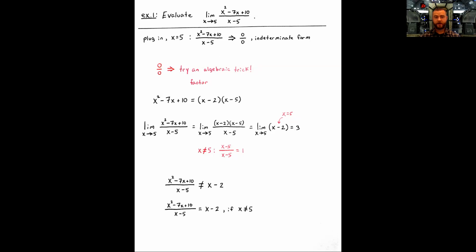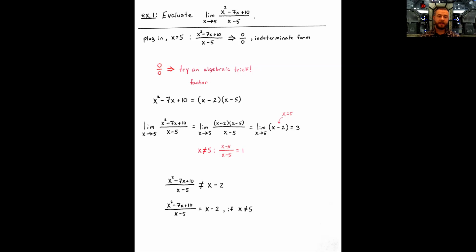All right, just to review what was going on here, to give a technically correct foundation, be careful. We're not saying x squared minus 7x plus 10 divided by x minus 5 equals x minus 2. What we are saying is if x does not equal 5, then those two expressions are mathematically equivalent. They're equal. So just be careful. When you say things cancel or two things are equal, there might be some conditions for which that's valid.